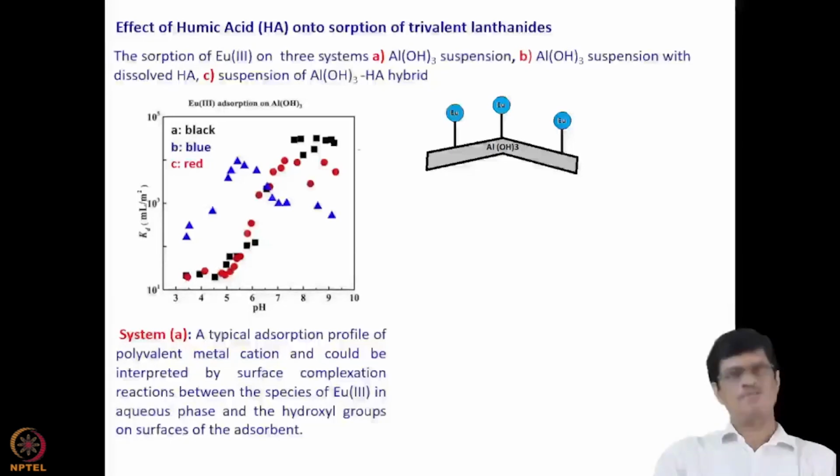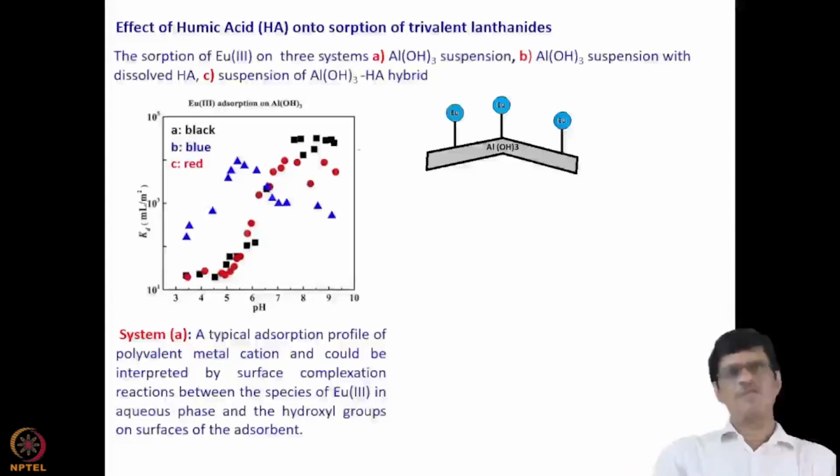Here, for convenience, we have taken the trivalent lanthanides, which behave more or less like the trivalent actinides. We have taken europium as the case study, and we are trying to see how the europium 3 ion is taken up onto the aluminum hydroxide surface.